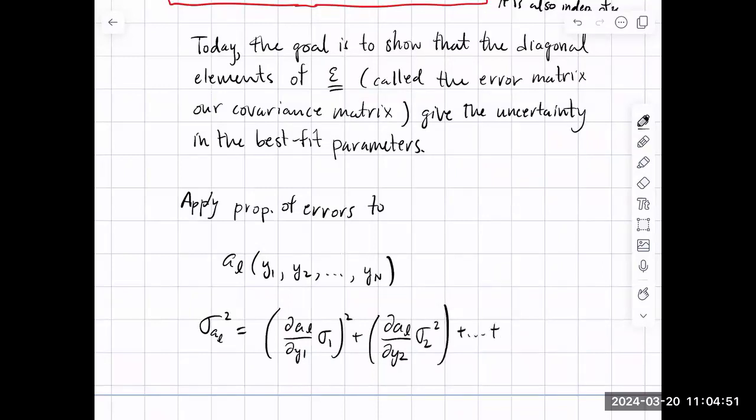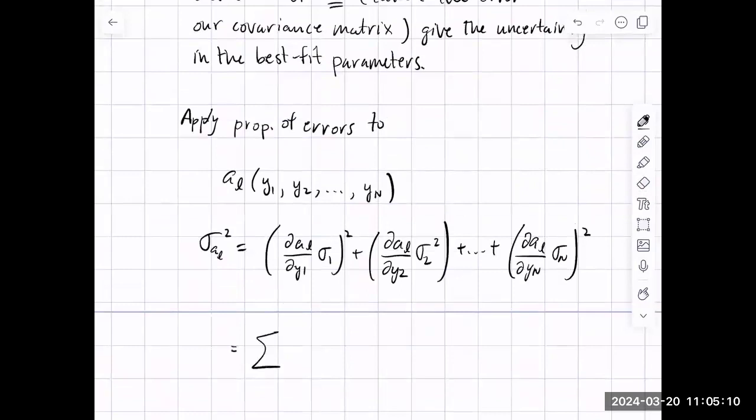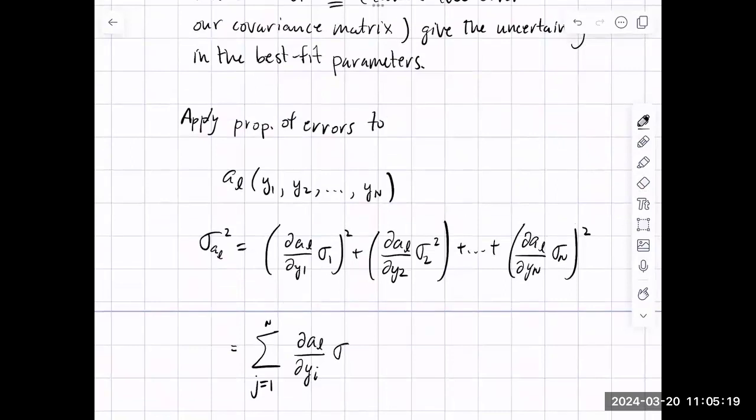And it will keep going up to the nth measurement, the derivative of AL with respect to yn times sigma n squared. We could summarize all of this by writing it as a sum, j equals 1 to n of the derivative of AL with respect to yj times sigma j, and all of that squared.